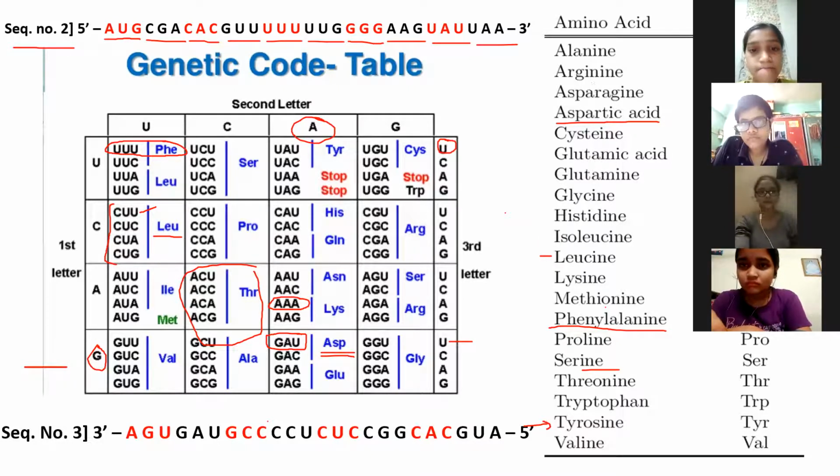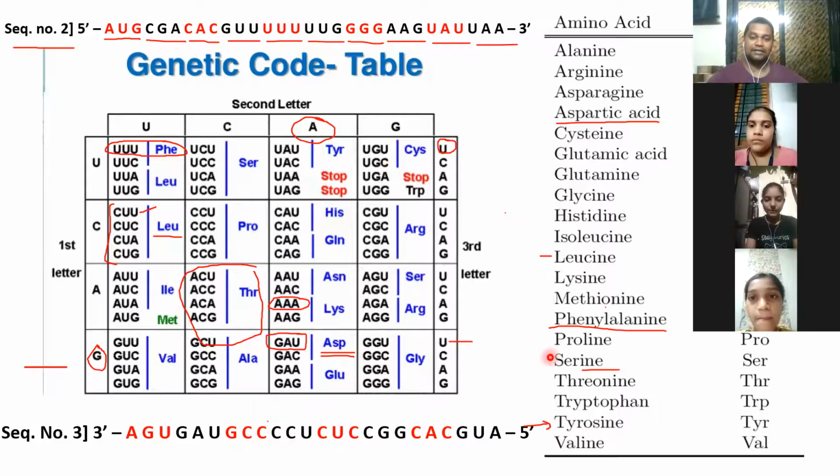Somebody must have discovered it, right? Somebody discovered this important point, that a particular codon codes for an amino acid, and this was a very important discovery. This entire discovery is called deciphering of the genetic code.